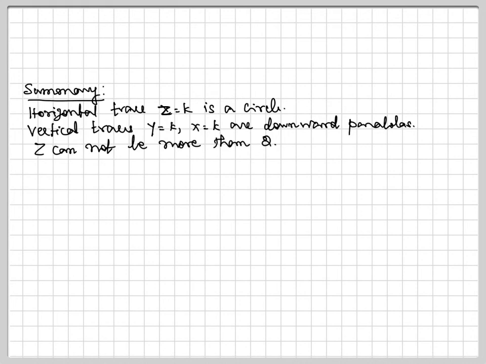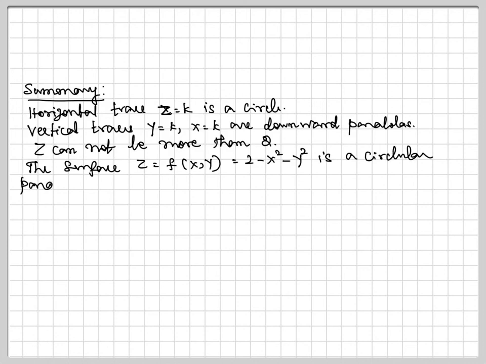Because it's downward parabolas and circles, the vertex of that paraboloid has to be 0, 0, 2. So the surface is called a circular paraboloid. The surface 2 minus x squared minus y squared is called a circular paraboloid because the xy trace is a circle, opening downward with the vertex at 0, 0, 2.